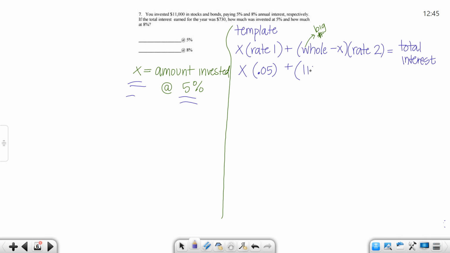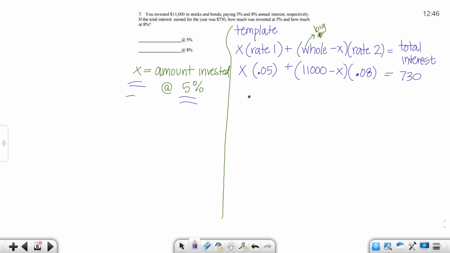So the big number was 11,000 minus X times your second rate, so that was 8%. And that equals your total interest, which is your small number. And that's how you set it up. So use that template and that'll help you a lot.